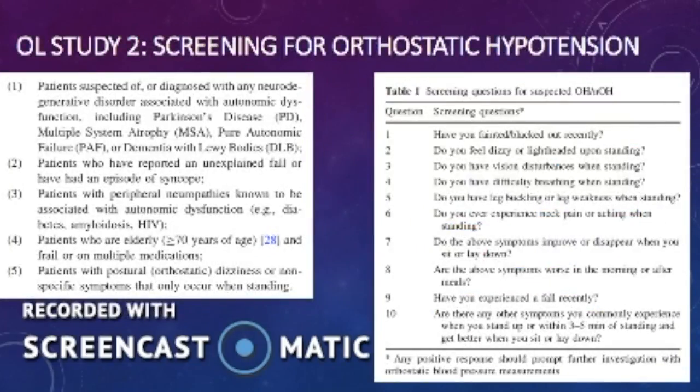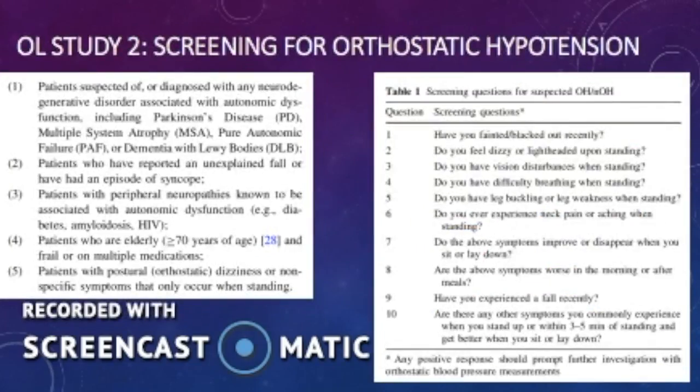The next study that I'd like to present is screening for orthostatic hypotension. I thought this was a very interesting article as it just came out in 2017. The first table on the left is criteria: if a patient has even just one of these criteria, you need to make sure to screen for orthostatic hypotension, and make sure that you regulate and monitor these patients.